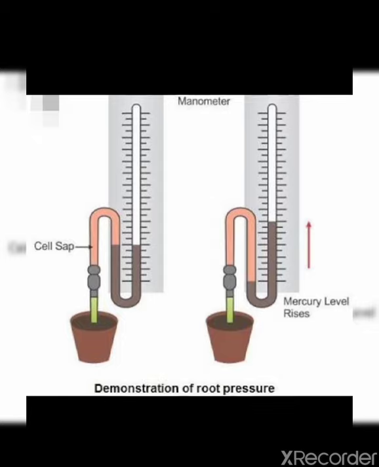In this experiment, you can see there is a well-watered potted plant. What we do is cut the stem a few centimeters above the soil and then immediately fix a glass tube. You can see this glass tube structure. We fix this glass tube to the stem by means of a rubber connection.